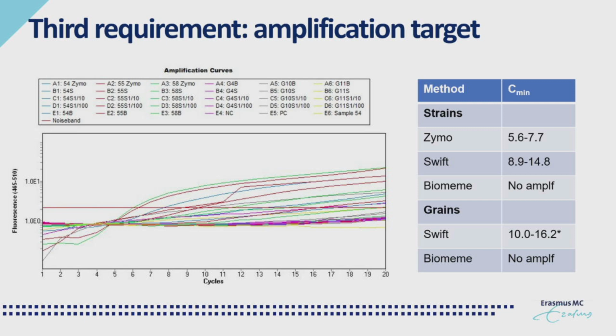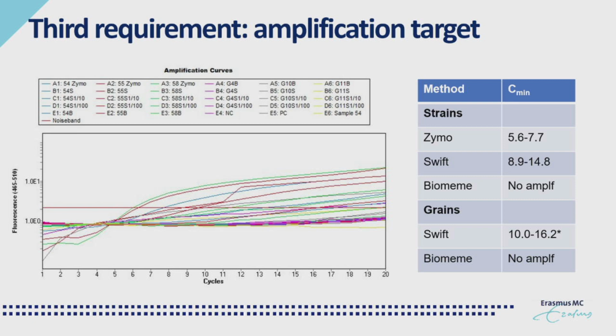Because it's not cycling, it's a constant temperature. And to overcome this problem, we just made artificial cycles of 37 degrees for 1 minute. So then we know that after 5 to 7 minutes, we get a positive result with Zymo. With Swift, it was a little bit higher. And with BioMem, we didn't get amplification with the RPA, unfortunately.